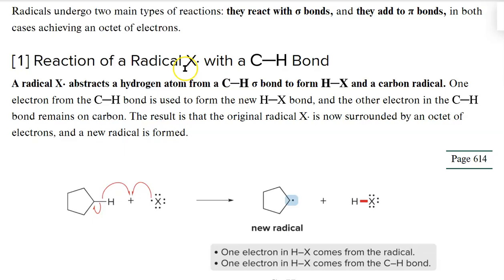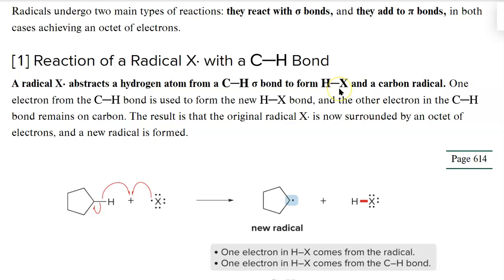So if you react a radical X dot, like a bromine radical or a chlorine radical, when you say bromide and chloride, you refer to the anion. So if you use a halogen radical with a carbon-hydrogen bond, the radical will abstract the hydrogen. In other words, it will lure the hydrogen away.